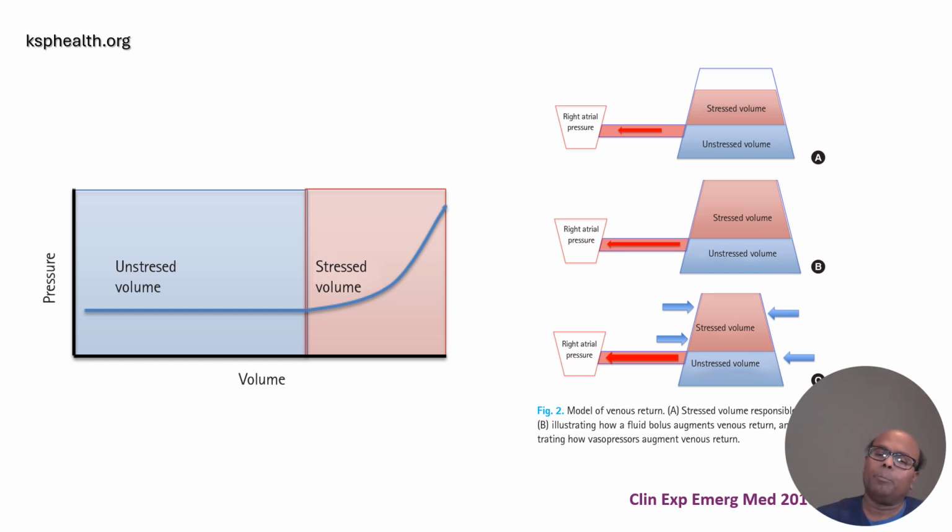How do you improve it? By adding volume to the stressed volume, thus improving blood return to the right atrium. Another way is using vasopressors, especially norepinephrine, which causes venoconstriction, thus aiding the flow to the right atrium and improving the preload of the heart.